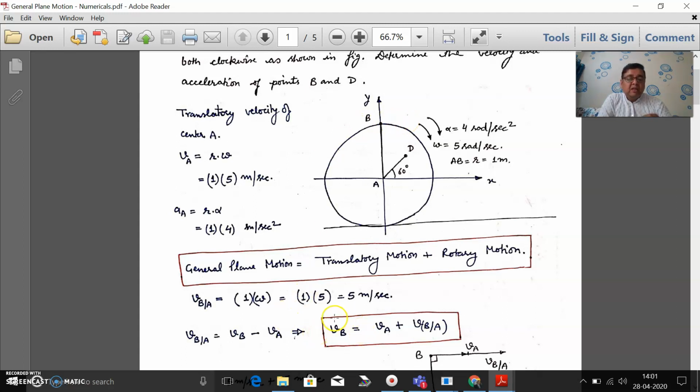So the formula velocity of B with respect to A equals VB minus VA has given me VB equals VA plus velocity of B with respect to A. This gives us the guideline that velocity in general plane motion is, first, translatory motion, which is taken care of by VA only, and then rotary motion, which is taken care of by velocity of B with respect to A. Is it okay? Right.